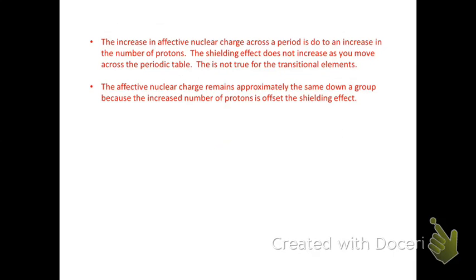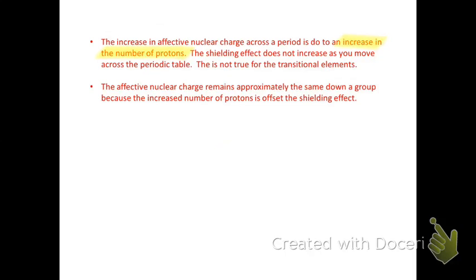So why is this the case? Why is this occurring? Well, the increase in effective nuclear charge across a period is due to an increase in the number of protons. Since there are more protons in the nucleus, it's going to have a greater attraction to the valence electrons.